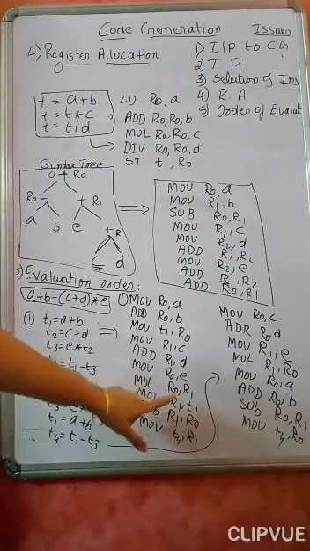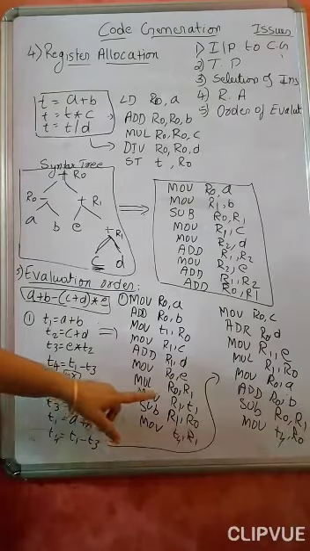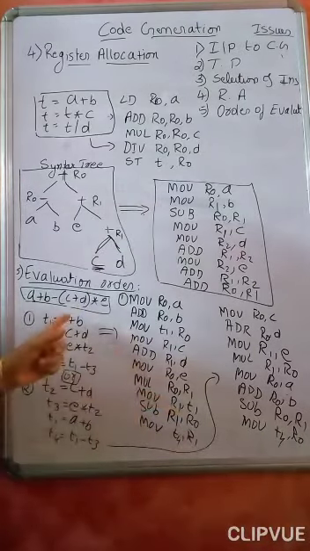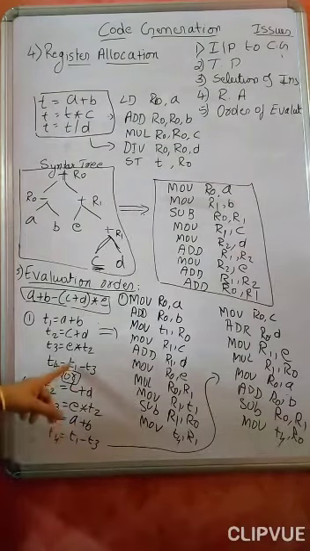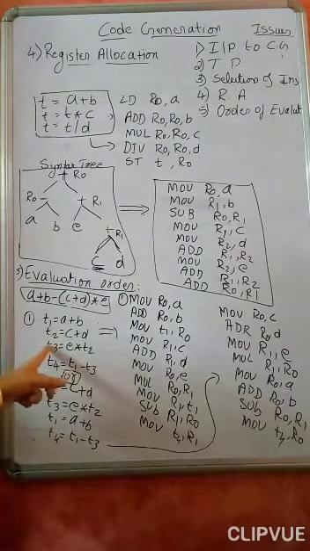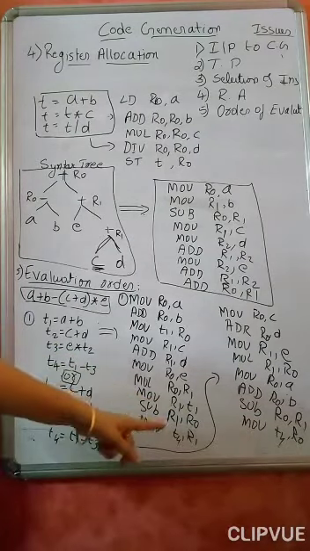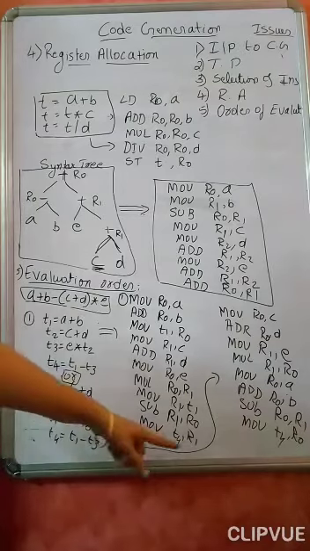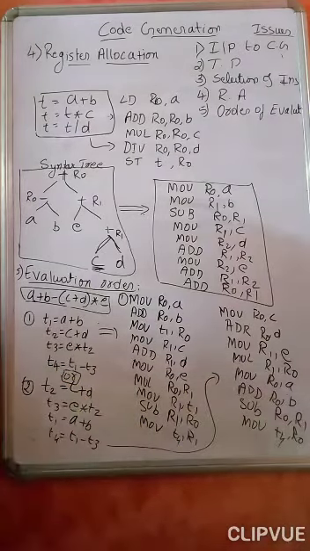So we will be multiplying both of them. Then the result we are getting in the temporary variable t1, which was a plus b, we are moving it into register R1, and finally we are subtracting R1 from R0. R0 will have your multiplication result, and R1 will have your t1 result. So we are subtracting both of them, and finally we are storing that result back to the temporary variable t4.